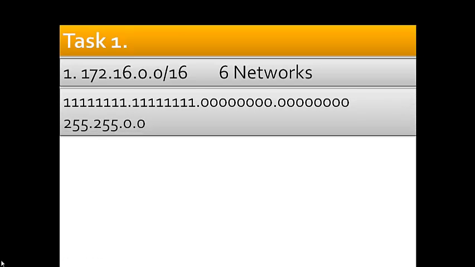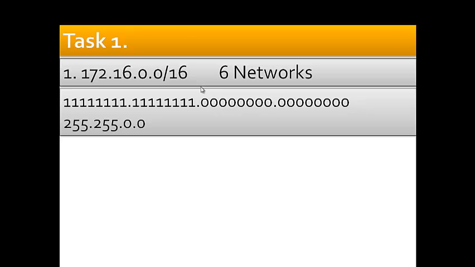That is 16 bits on and the next 16 bits off, that is the host bits. The bit that is off is a host bit, the bit that is on is a network bit. The equivalent form of this subnet mask in decimal value is 255.255.0.0.